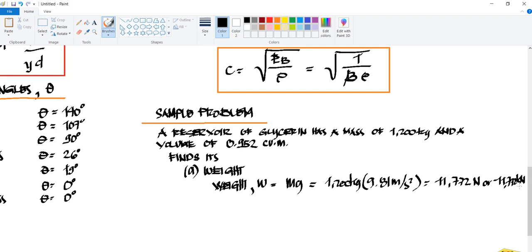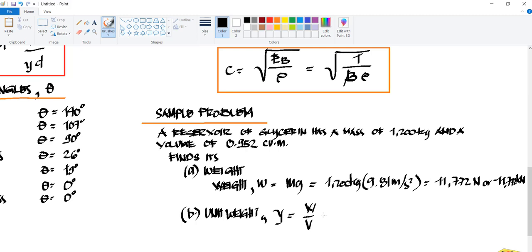Next, for letter B, we're looking for the unit weight. For the unit weight, the equation is unit weight equal to the weight over your volume.